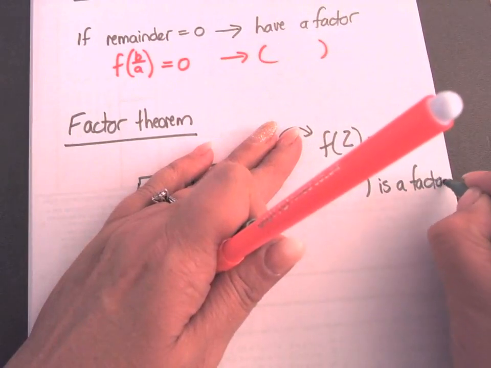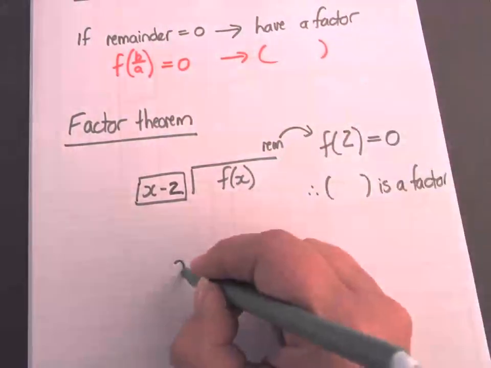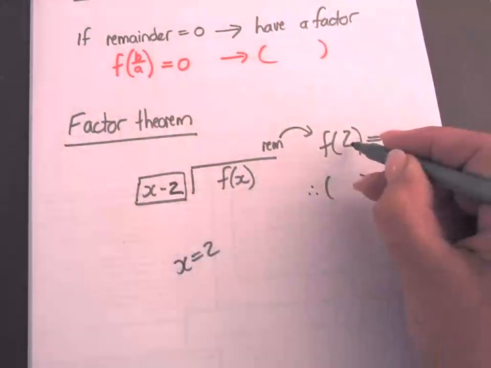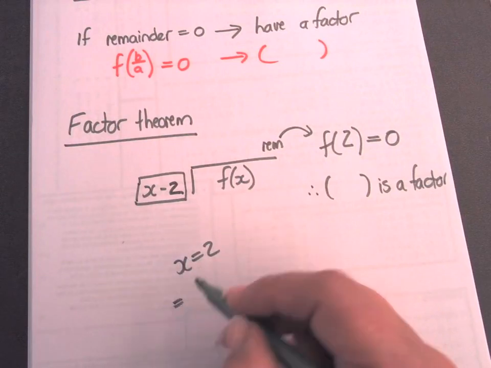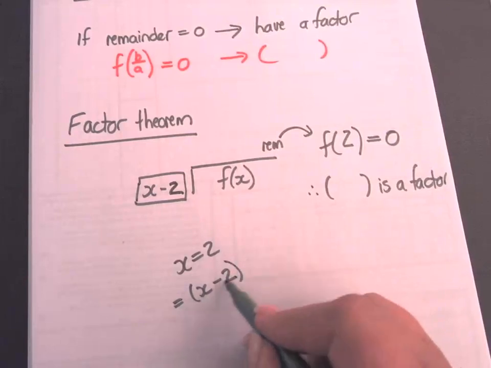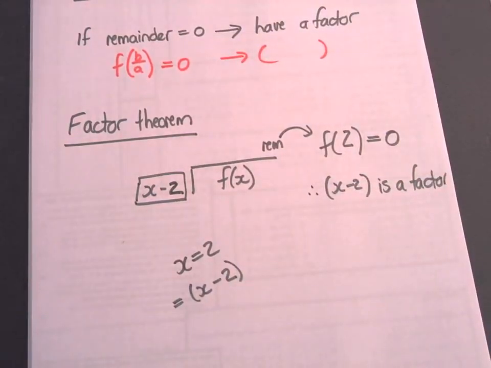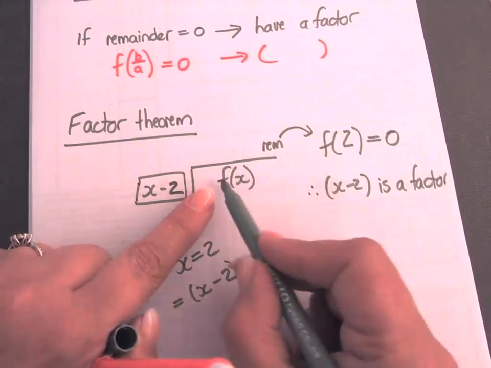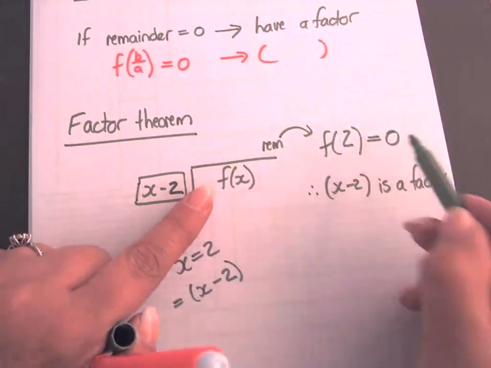In this case, x equals 2. If I take the 2 over to the left-hand side to x, what do I get? x minus 2. So x minus 2 is a factor. That means if I divide the function by x minus 2, the remainder will be 0.